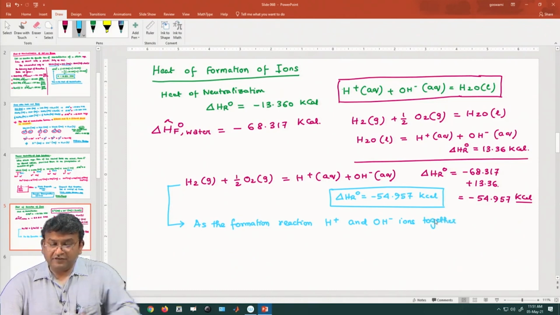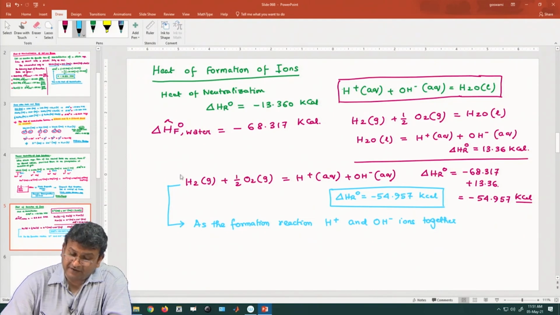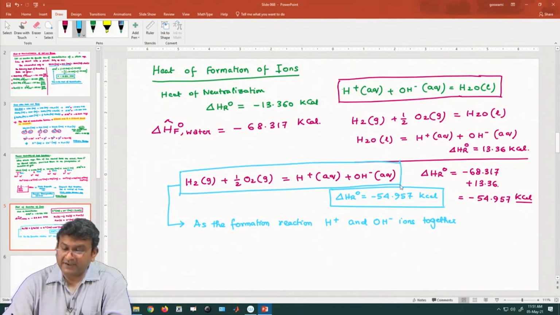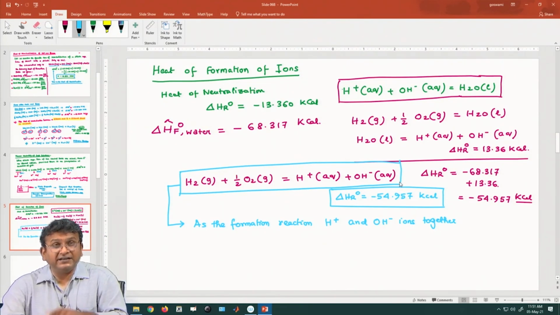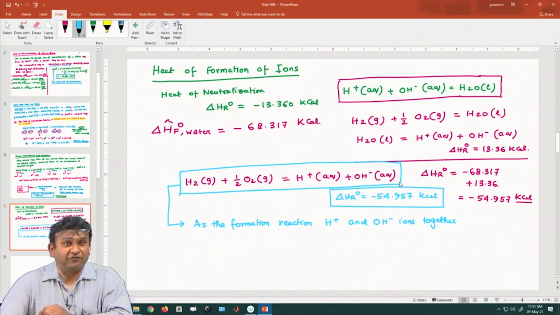Why? Because after all, as per this particular reaction, these two ions H plus and OH minus are getting generated from their constituent elements in their standard form.